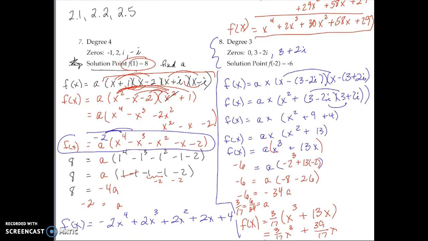So from here, see that our polynomial function is 3/17 x to the third plus 39/17 x. Definitely not always the neatest function around. If you need to pause the screencast and go through and check my work, please certainly do so. If you've noticed a mistake that I've made, please don't hesitate to jot that down and ask me about that in class. Thank you so much.